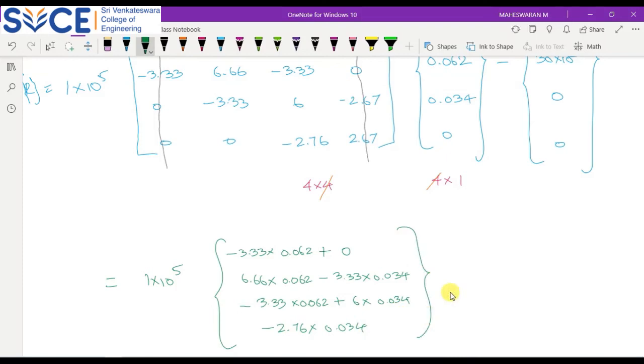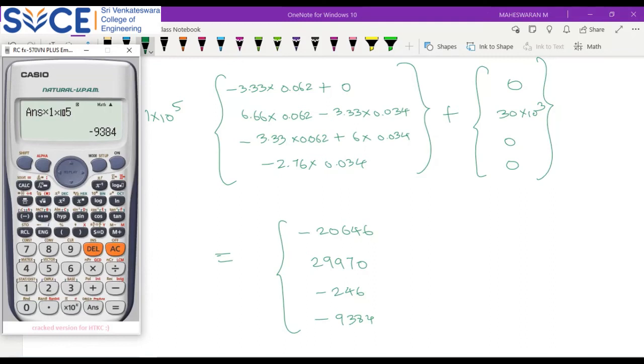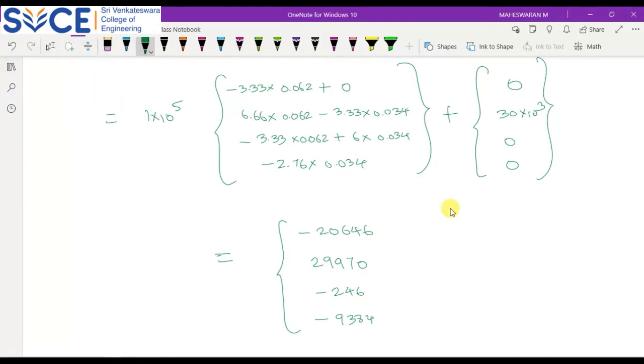So this plus 0, 30 into 10 power 3, 0, 0. Right, this is my term. So just multiply and you'll get the value with respect to that. So this is my value.